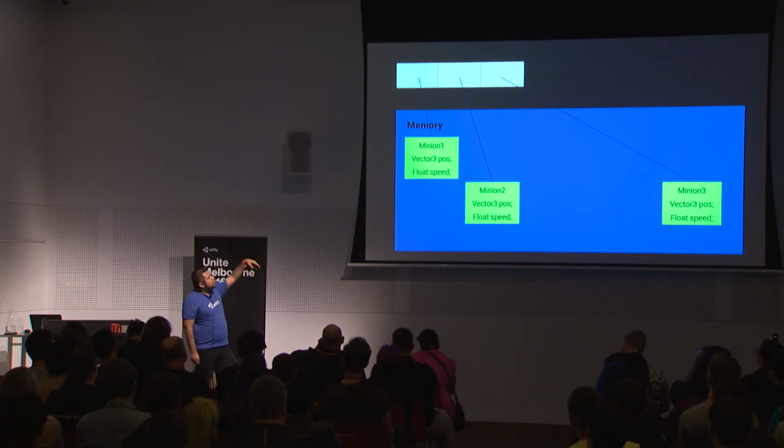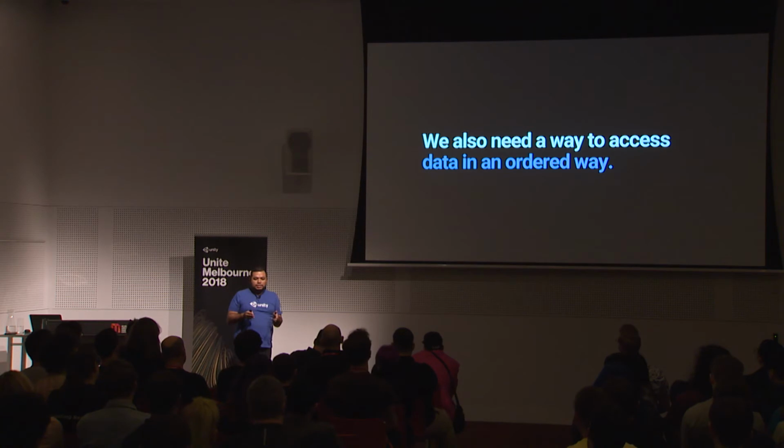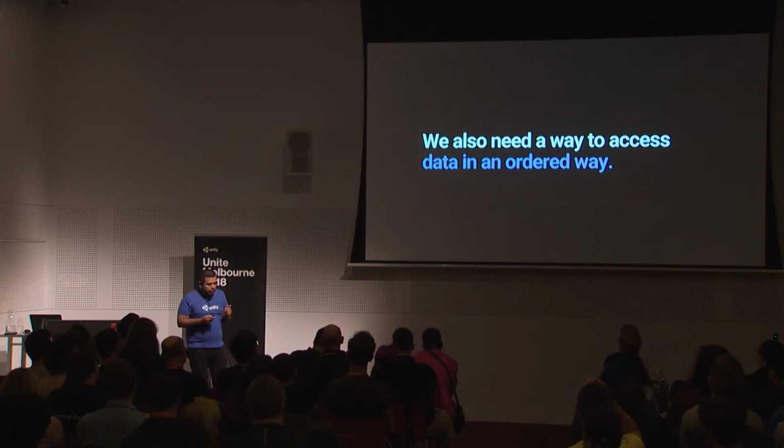The only thing arrays kind of fix is that it's easier to iterate over these objects, but on the programming side, internally it's basically the same problem. So we need a way to access and save this data in an ordered way.